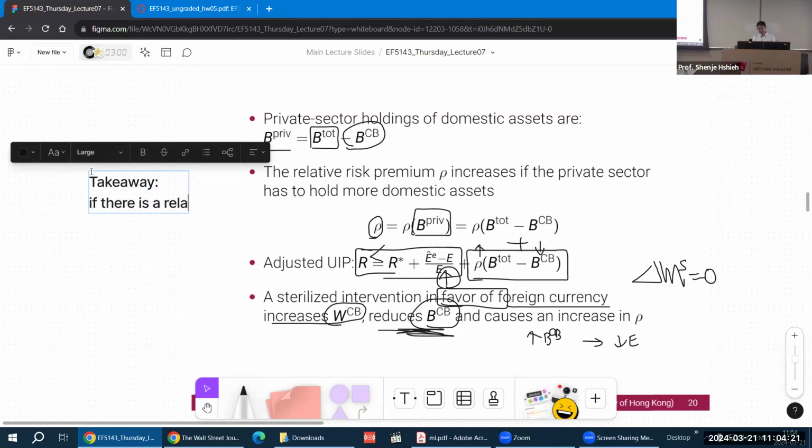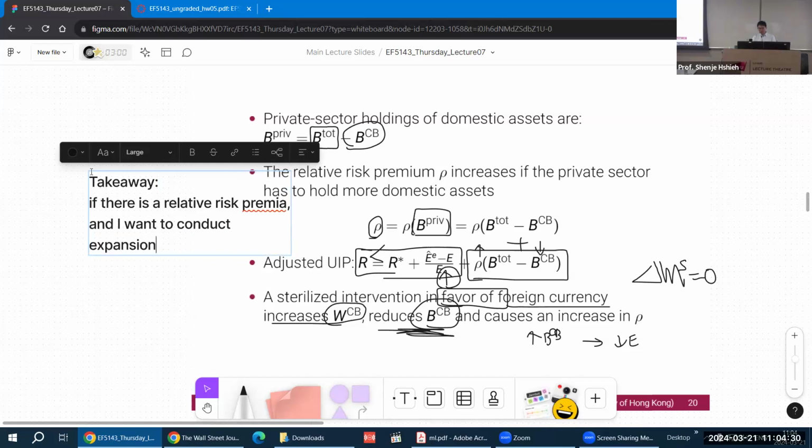If there is a relative risk premium, and I want to conduct expansionary monetary policy, I should do it using foreign assets. I mean, buy it.